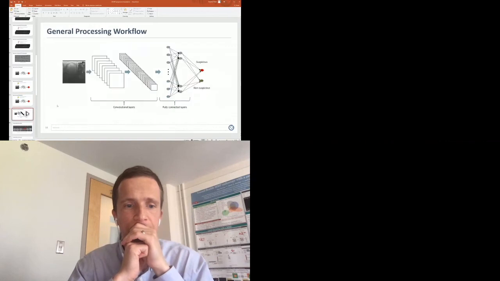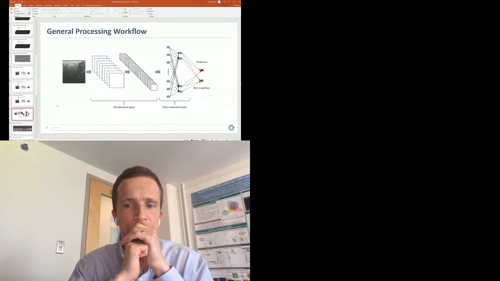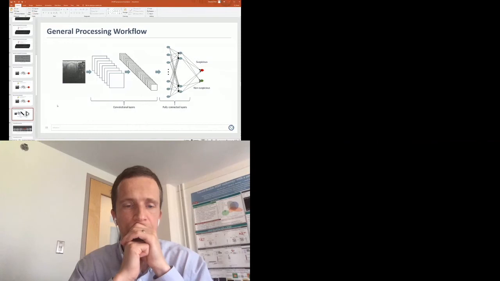Talking about the general processing workflow, what we suggest is to take extracted image patches and pass them through a convolutional neural network. At the end, we have a separation between suspicious and not suspicious class.